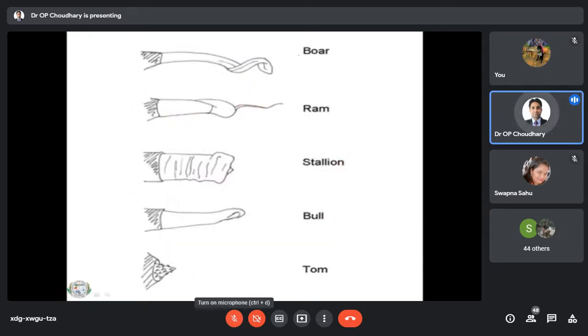So you can see here in the boar, this is the anti-clockwise twist. And one more important structure is in the sheep and goat, called the urethral process. This urethral process is only present in the sheep and goat. This is the urethral process. In the stallion, I already told you there is one corona glandis and one depression called fossa glandis.